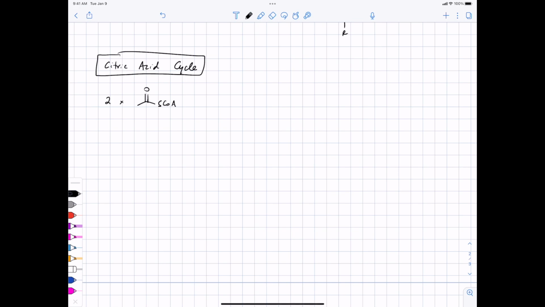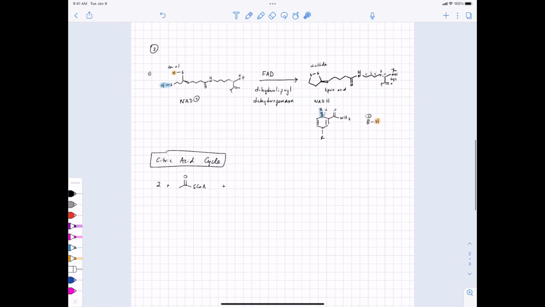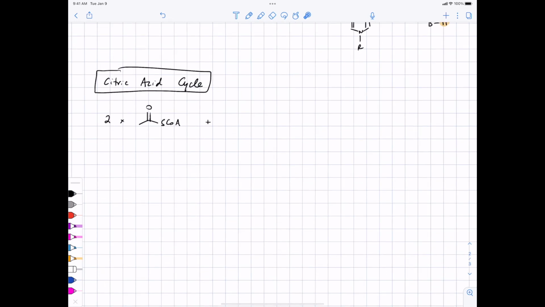So here is acetyl-CoA, 2 molecules of that. I'm writing 2 because in the end we want to total up whatever we've gotten from glucose, and we get 2 molecules of acetyl-CoA per molecule of glucose.